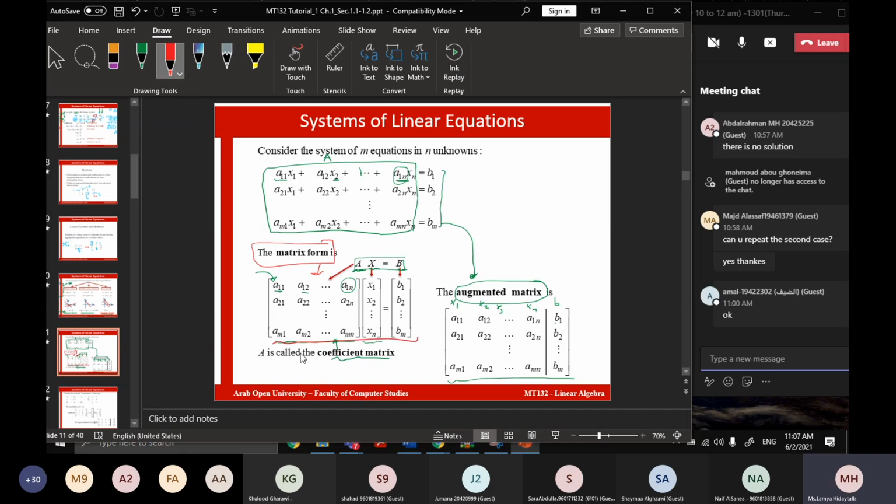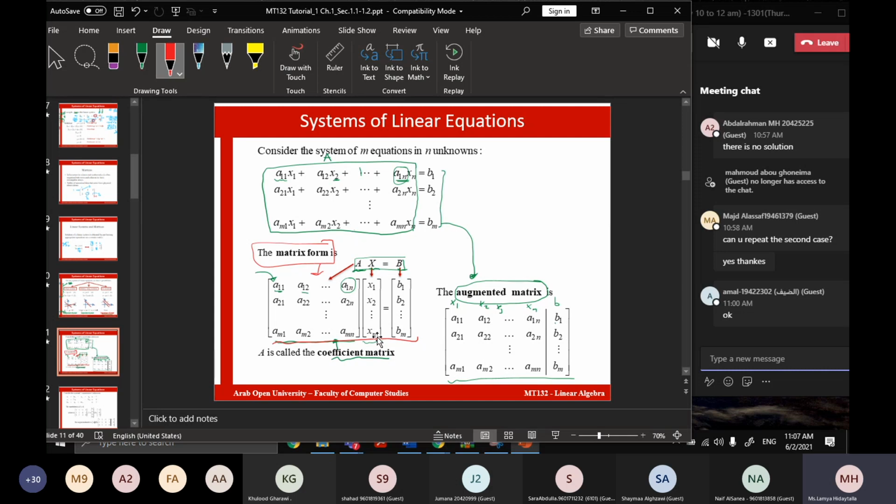So he may give me a system of linear equations and ask me to put it in a matrix form. If he asks me to, I have to put it like that. If he asks me to find the augmented matrix, I have to write it like that. No, this column of variables you will not write.